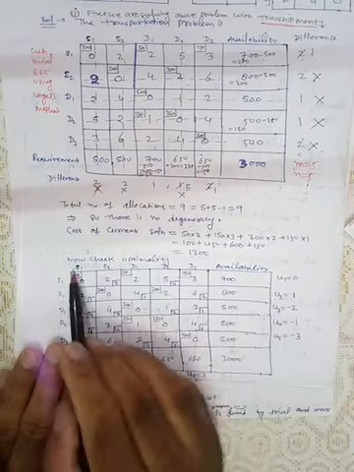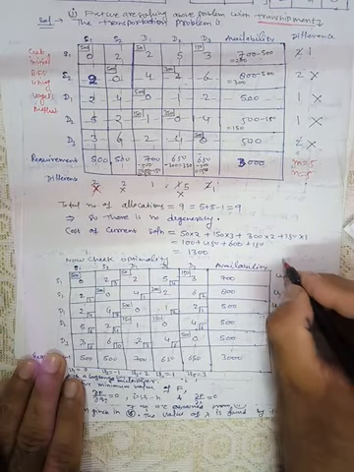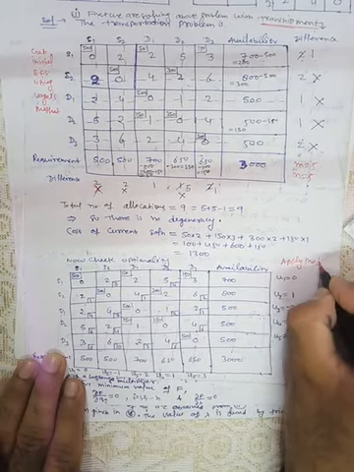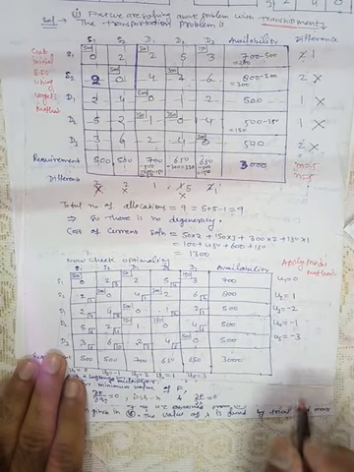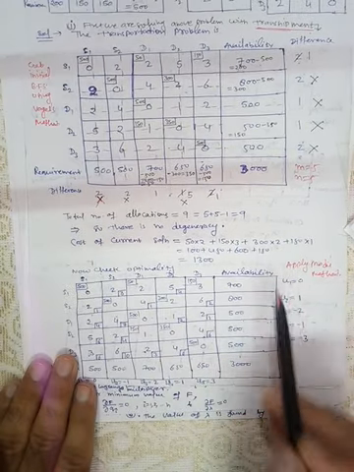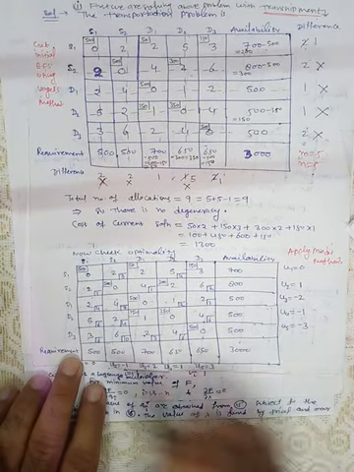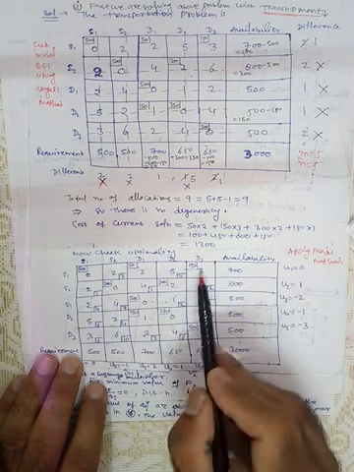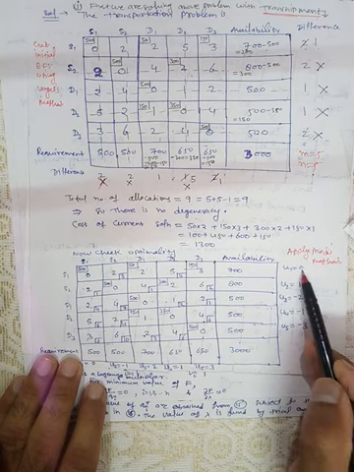Now check the optimality. So now apply the Modi method. Fine. So now here this is the transportation problem after assignment. Now here in the first row we have 1, 2 and 3 allocations. So that's why U1 is 0.